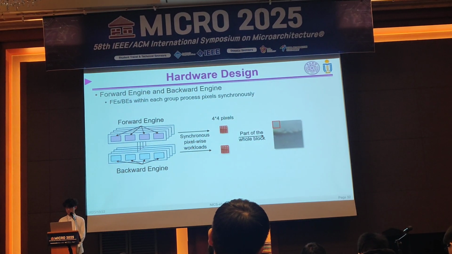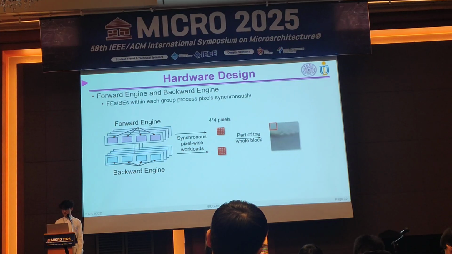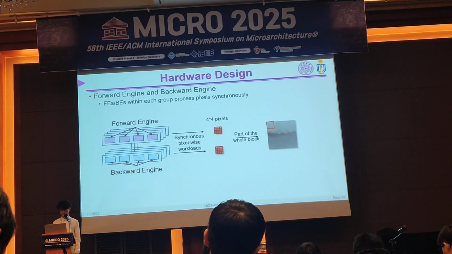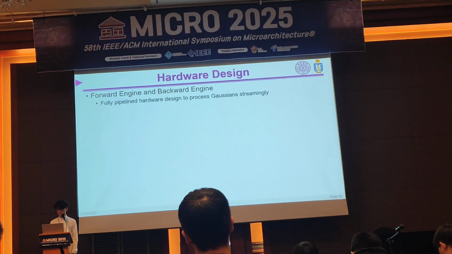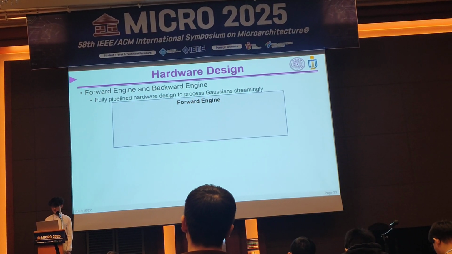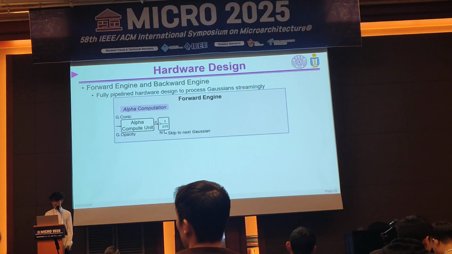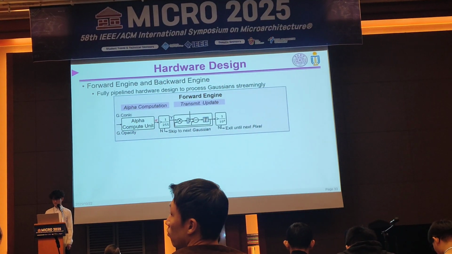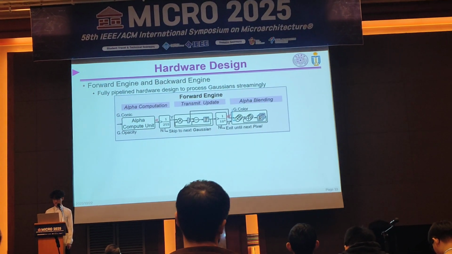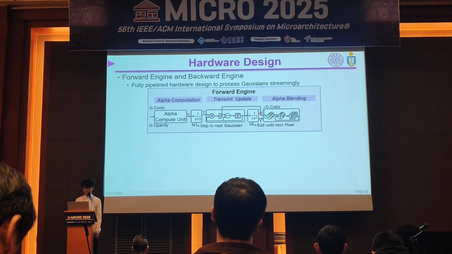A synchronization signal is broadcast to all of them at the same time, and each engine processes its own pixel in parallel. The forward engine itself is a big pipeline that processes a stream of Gaussians. It includes the units for each step, like the alpha computation, the transmittance update, and alpha blending. And it also feeds the L1 loss and gradient calculation directly to the end of the pipeline.